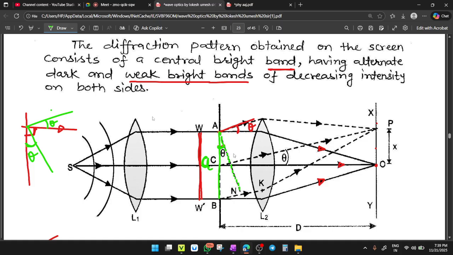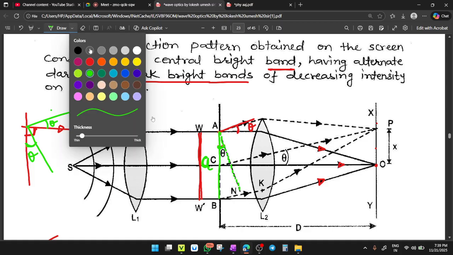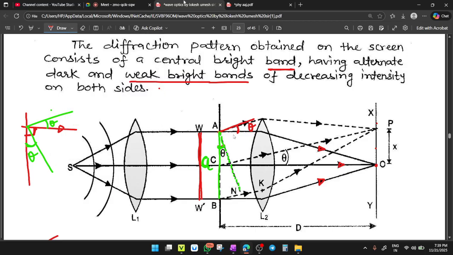Now check the path traveled by the two waves. The first wave from A has to travel a distance from A to P, if they are forming an image at point P. And the second wave from B to P has to travel a path like this.